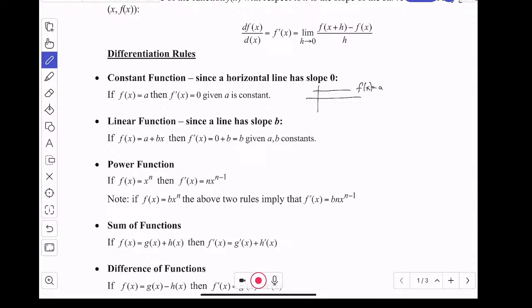So what's the derivative of a flat line? The derivative will just be 0. Okay? In other words, what's the slope of a flat line? It's just 0. So that's why the derivative of a constant is 0.